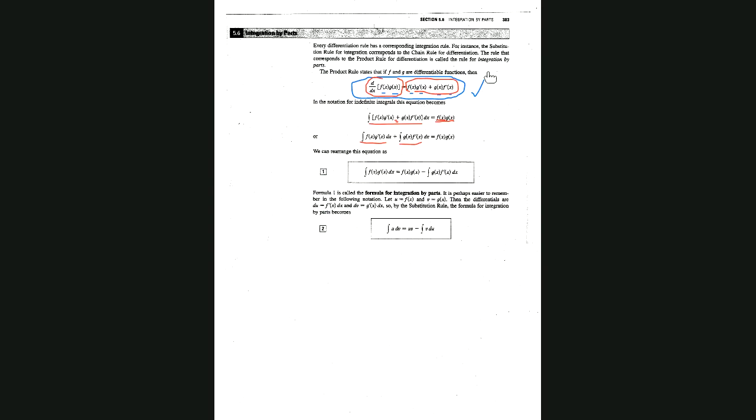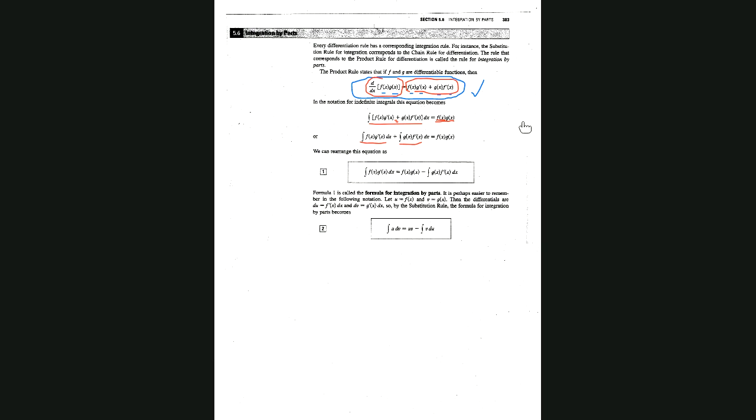We can rearrange the equation as this equation right here: the integral of f times g prime dx equals f of x times g of x minus the integral of g of x times f prime of x dx. This is what's called integration by parts.